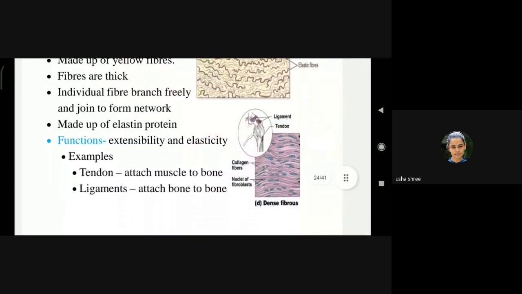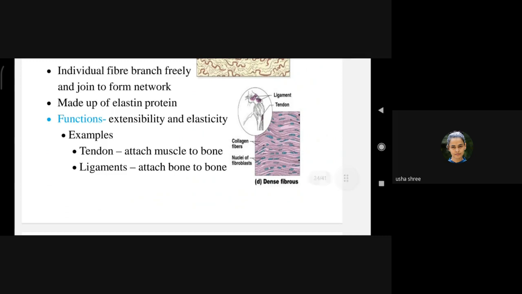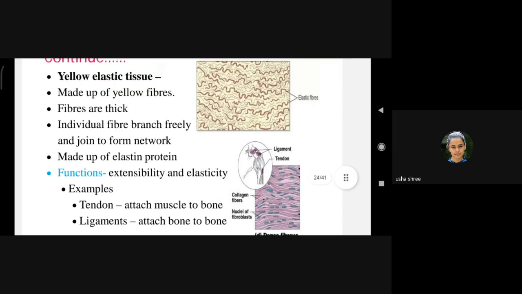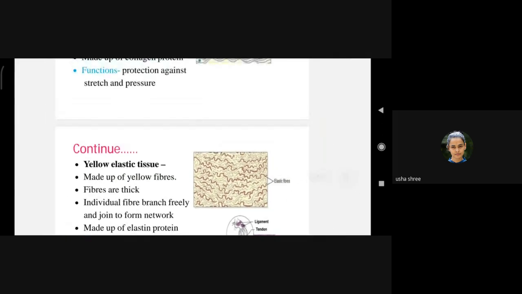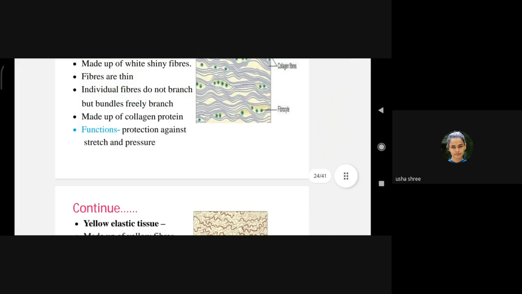Examples are tendons and ligaments. Do you all know what tendons and ligaments are? Please, anyone answer me. Tendons connect, if I'm not wrong, bone with muscle.